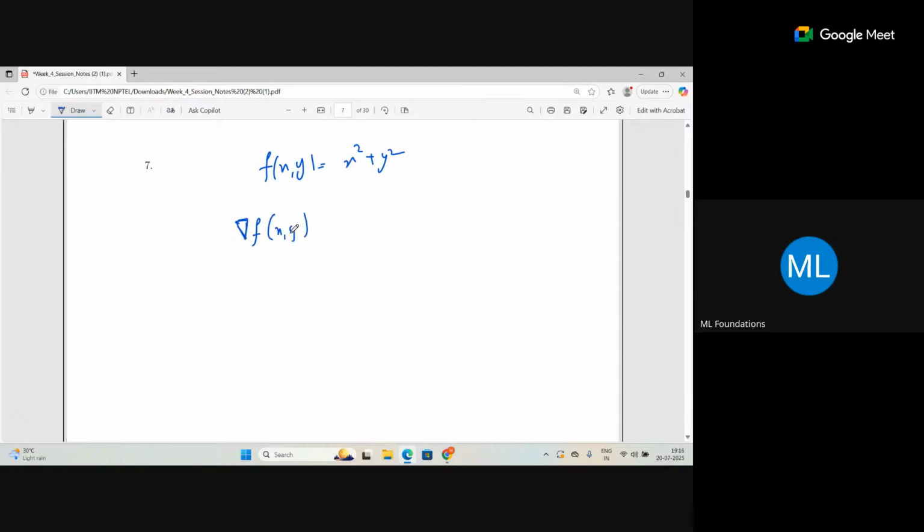I'll have to take the partial derivatives. So that will be del f by del x and del f by del y. Del f by del x is 2x here, and in that case I'll have to treat y as constant, and here it is 2y. It's not minus.